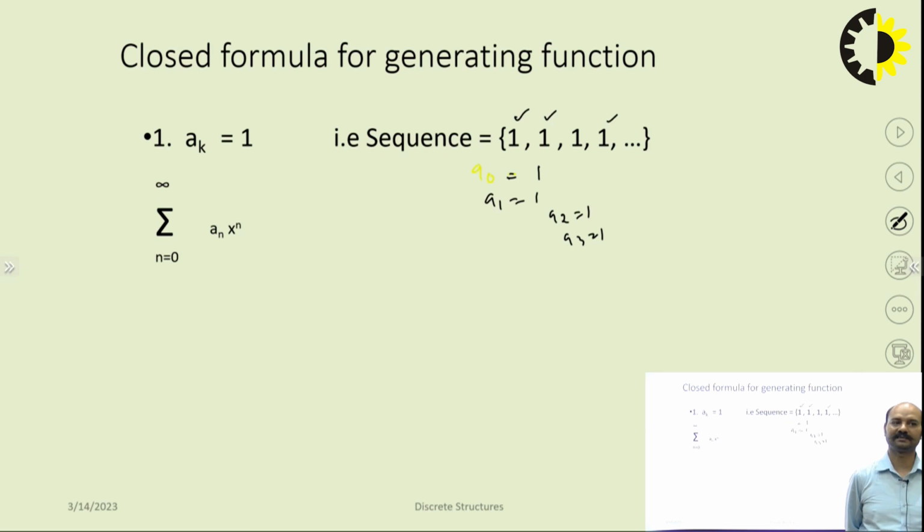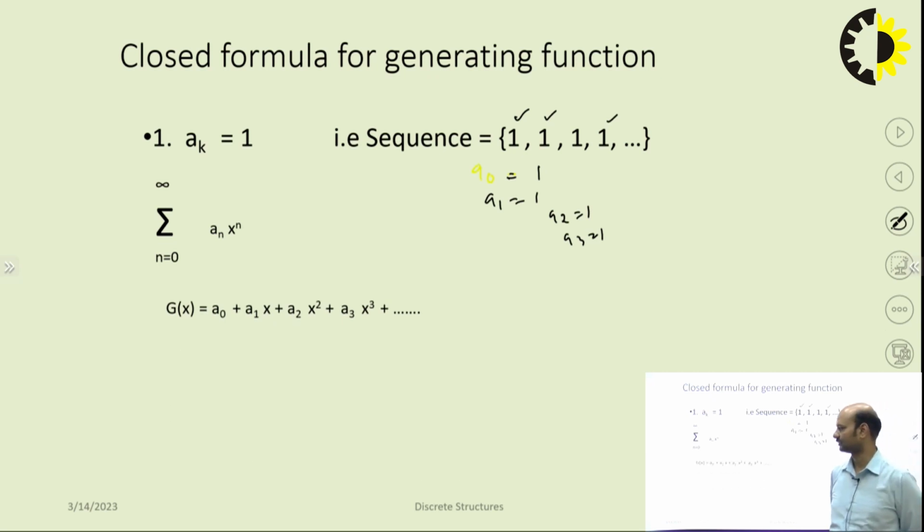So we write this as the summation, n equal to 0 to infinity, an x to the power n. What is the generating function closed formula? That is g of x is equal to a0 plus a1x plus a2x square and so on up to infinity. We substitute the value of each coefficient, a0 is 1, a1 is 1, a2 is 1 and a3 is also 1.